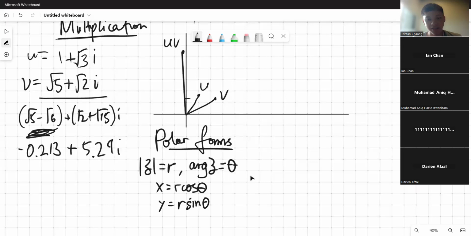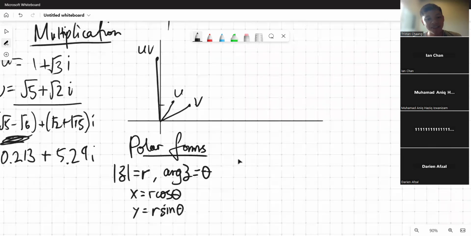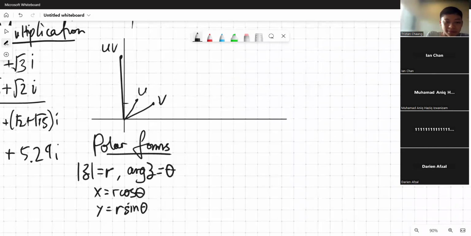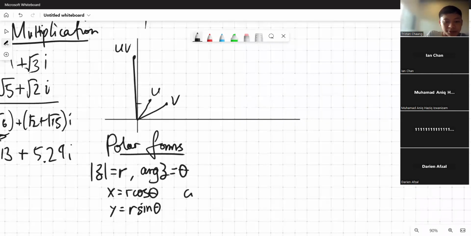Like cos theta is the adjacent side over the hypotenuse. Of course, that's for angles in the first quadrant, but for the general form, it's kind of the same thing. Cos theta is always the x coordinate over the distance to the center.